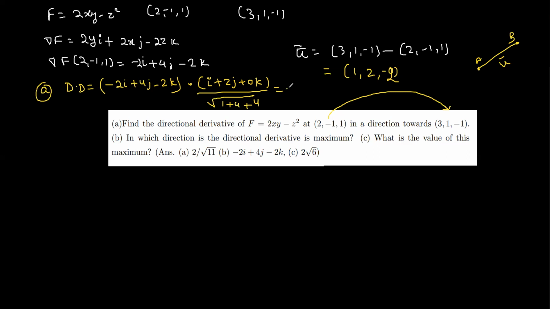So minus 2 plus 8, 6 by 3. 2 is the answer. Here 2 root 11 is there, but 2 is the answer.